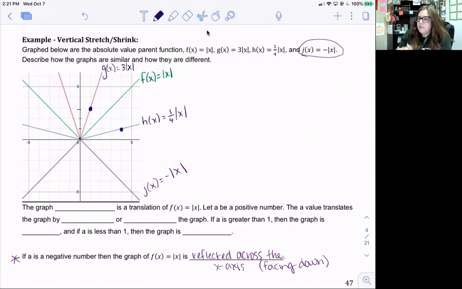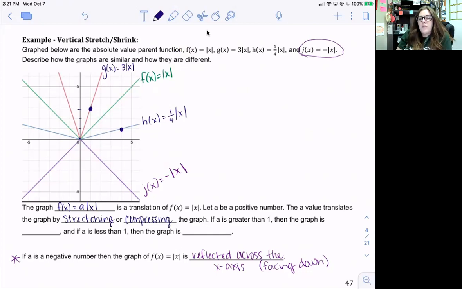Okay, so if we combine all that together, the graph f of x equals a times the absolute value of x is a translation of f of x equals the absolute value of x. Let a be a positive number. The a value translates the graph by stretching or compressing the graph.